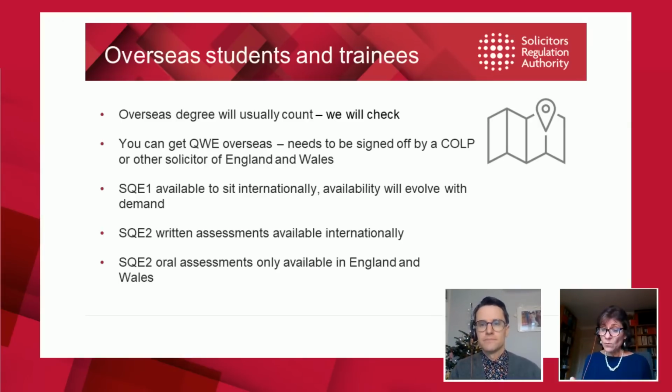Well, the way that works is that we work with Pearson VUE, a big well-known company that has a national and international network of testing centres. So the way that it will work is that once you have decided that you want to register for the SQE, you put in and you want to book a particular assessment, you book in where you are and ask the system to find you, say, the nearest 3 testing centres, and that will pick up where they are.